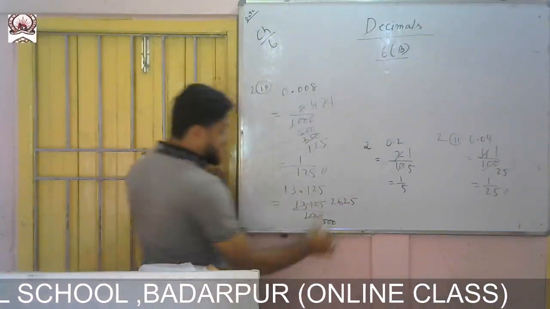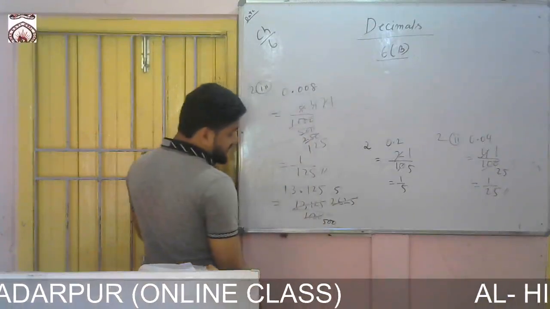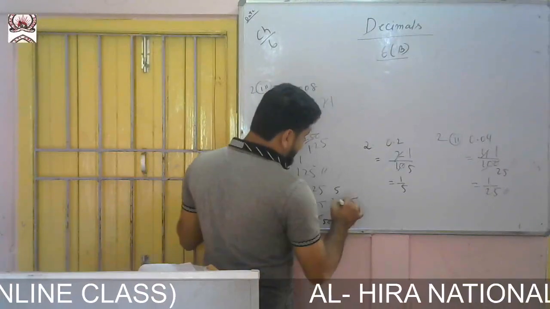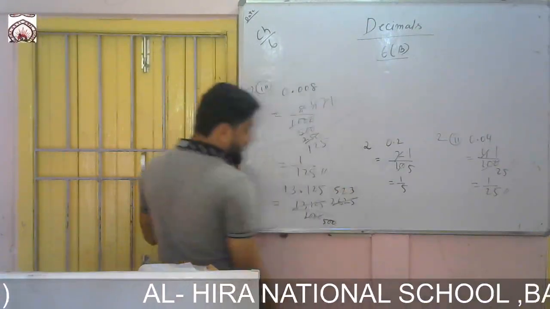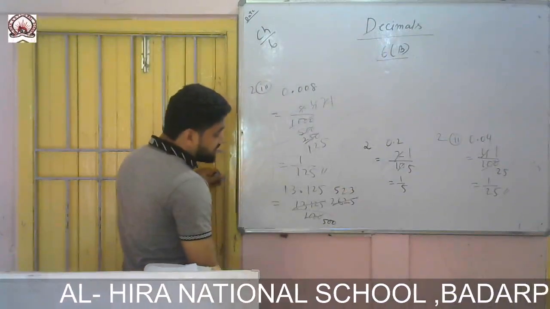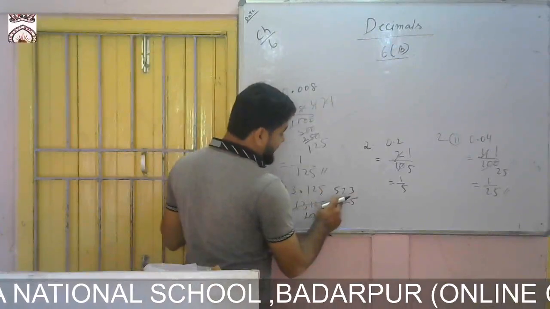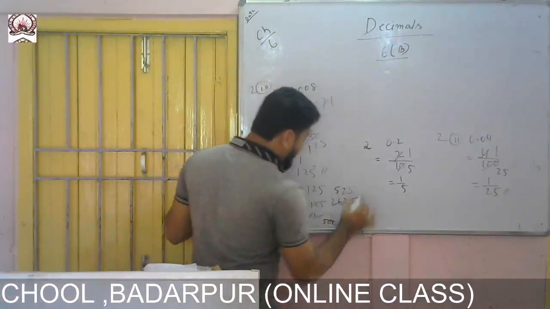And again with 2, 5 5s are 25, remain 1. 5 2s are 10. And then 5 3s are 15, 5 5s are 25. Then 5 2s are 10, 5 5s are 25. Okay.